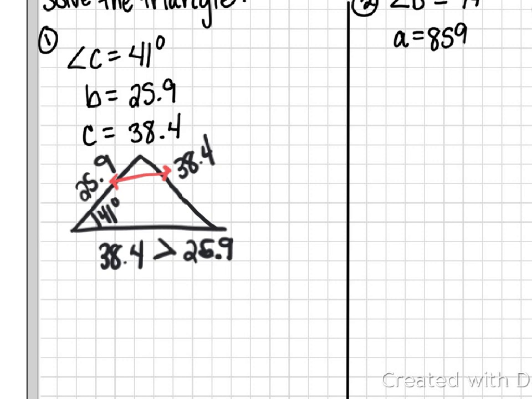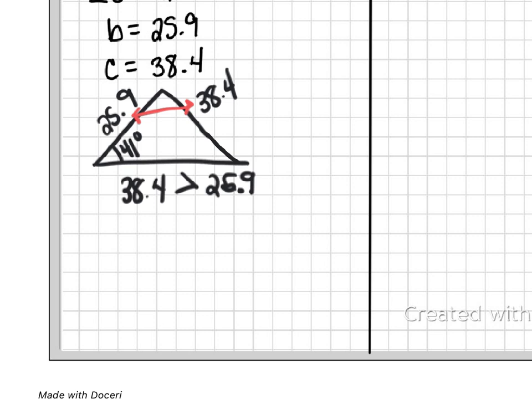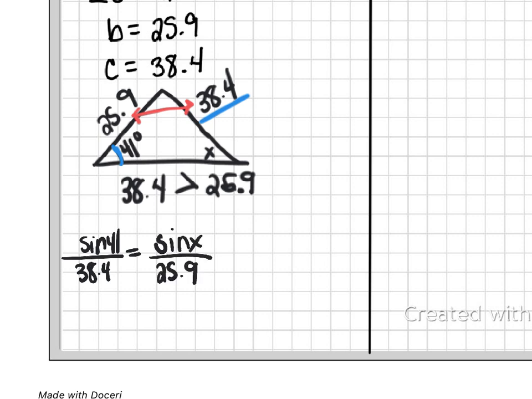We don't have to worry about the ambiguous case. So what we're going to do is just use law of sines. We have our angle and our side across. Law of sines says that sine of 41 over 38.4 equals sine of x, I'm going to call this x, over 25.9.